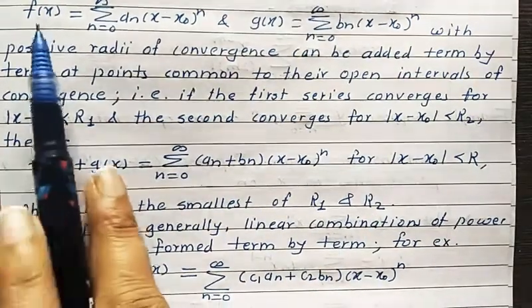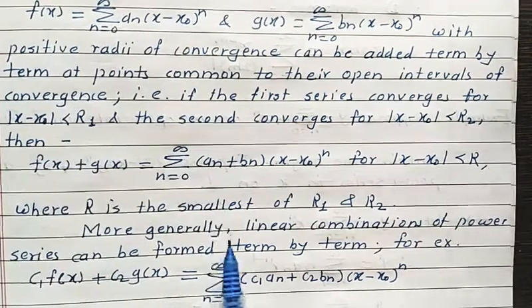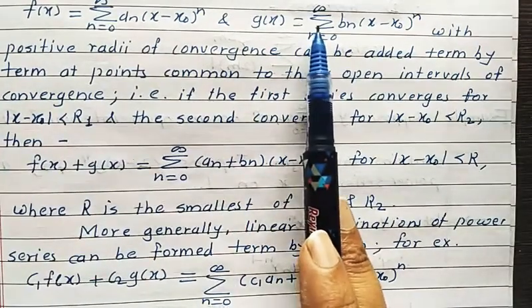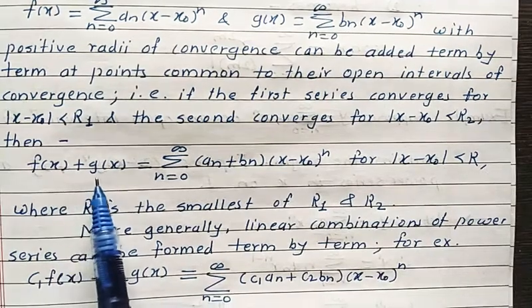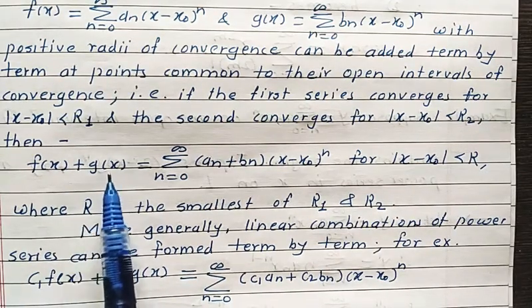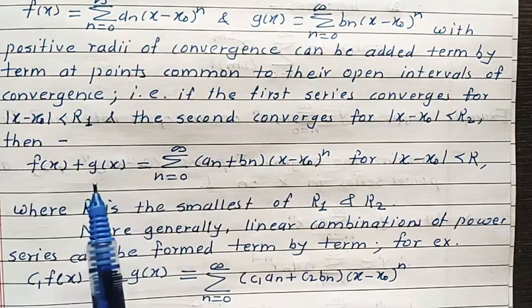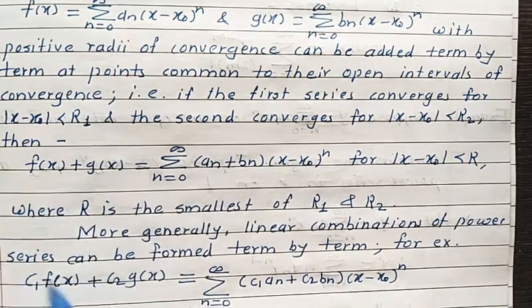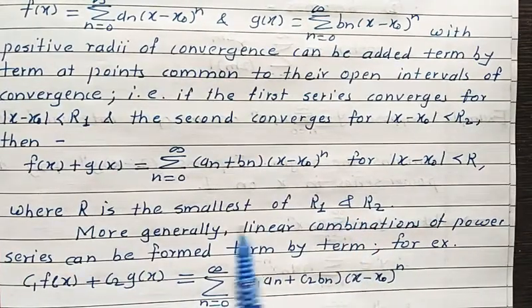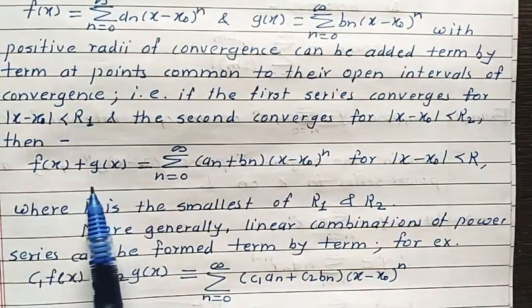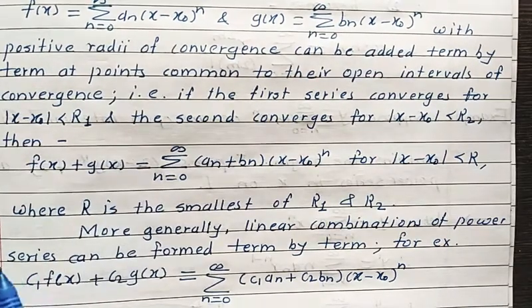The first power series f(x) is convergent for r1, the other power series g(x) is convergent for r2, then the power series formed by the addition of f(x) and g(x) is convergent for radius of convergence r, where r is the smallest of r1 and r2, meaning for the common part the power series of the addition of the two power series will be convergent.